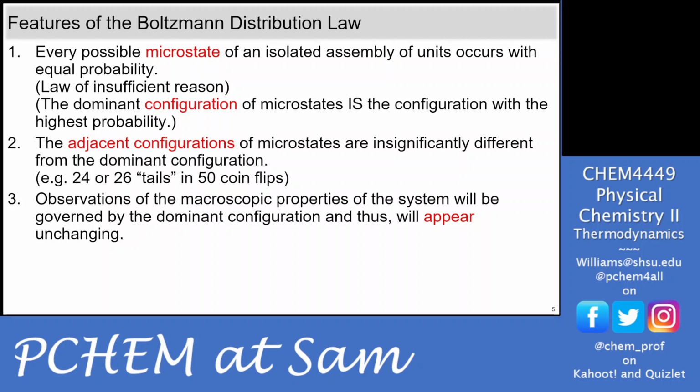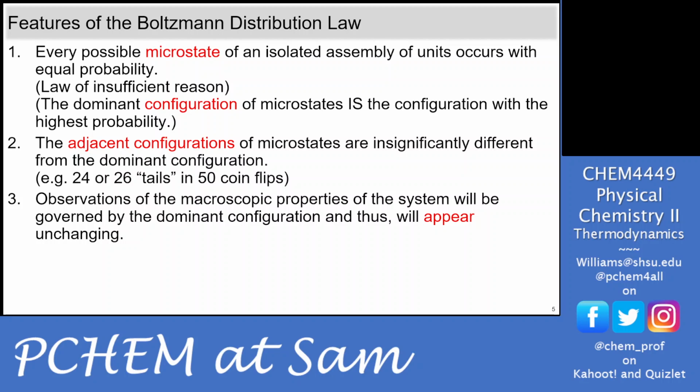That peak seems like it's stuck on 25 heads and 25 tails. The width of that peak would capture the 24-26 or the 26-24, and all of those adjacent ones. But it would look like that peak is not moving when those heads and tails are constantly flipping.